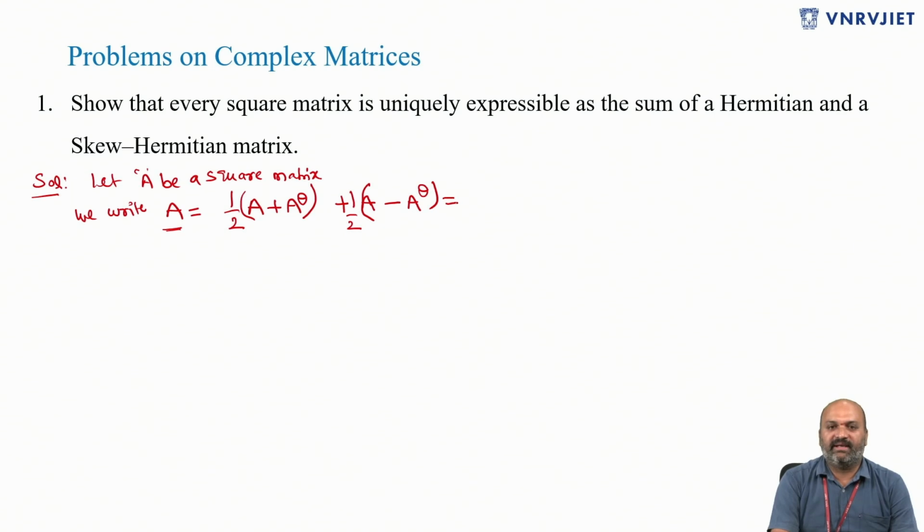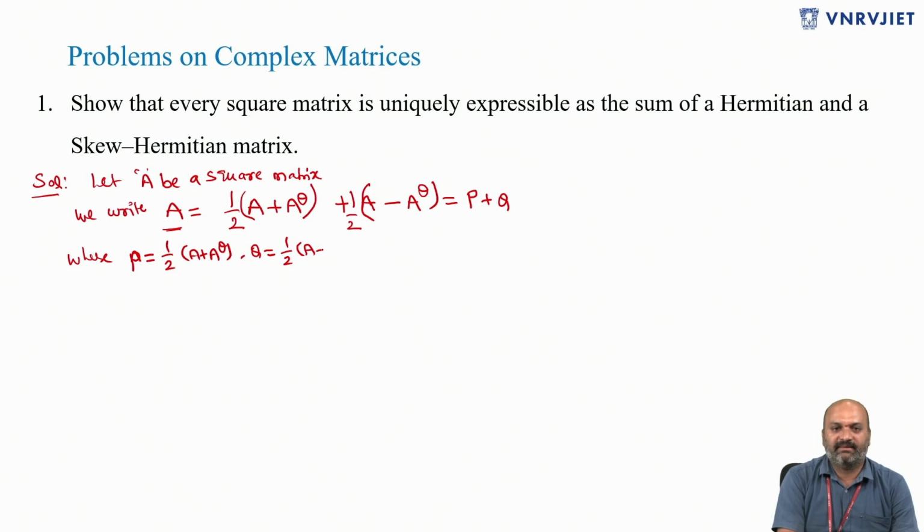For our convenience, I am denoting this with P, this with Q, where P is equal to half of A plus A theta, and Q is equal to half of A minus A theta. That is, A is expressed as the sum of two matrices P and Q. If we can show P is Hermitian and Q is skew Hermitian, then A is expressed as a sum of Hermitian and skew Hermitian matrices.